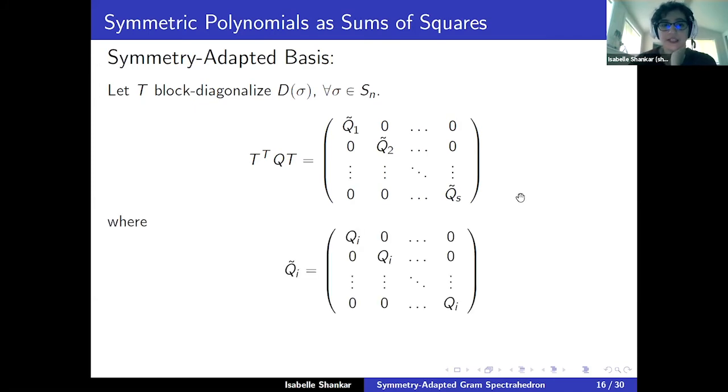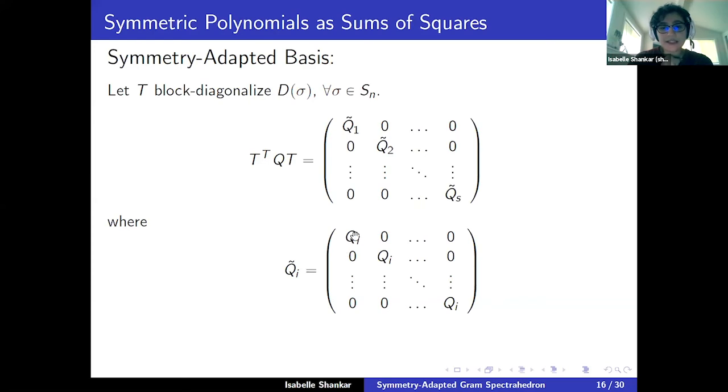In particular, each Qi tilde is associated to one of those irreps, every irrep that appears. By irrep I mean irreducible representation, and sometimes I'll just say irrep. So each Qi tilde corresponds to a particular irrep with multiplicity greater than 0.